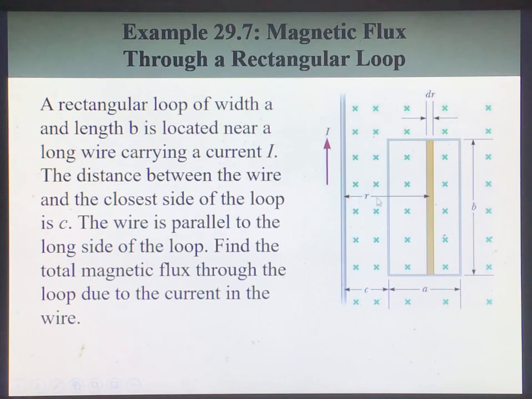As you go further away from the wire, the strength of the magnetic field is going to reduce. So in this type of problem, because the magnetic field is non-uniform, I need to use calculus to calculate the total magnetic flux that goes through this surface right here.